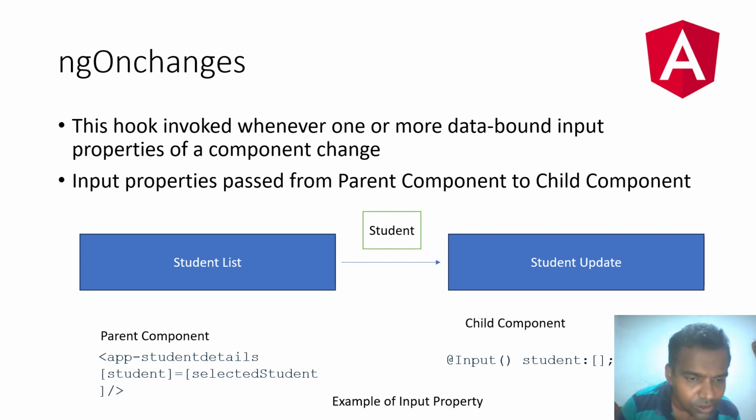Here you can see student detail, and the selected student is passed to the student property. In the child component, you can see the student input property with the Input decorator, and it's a student list.